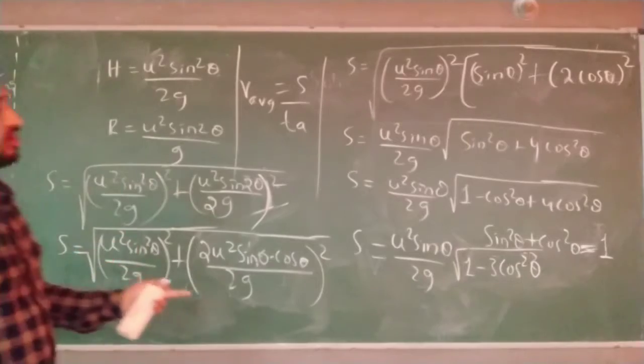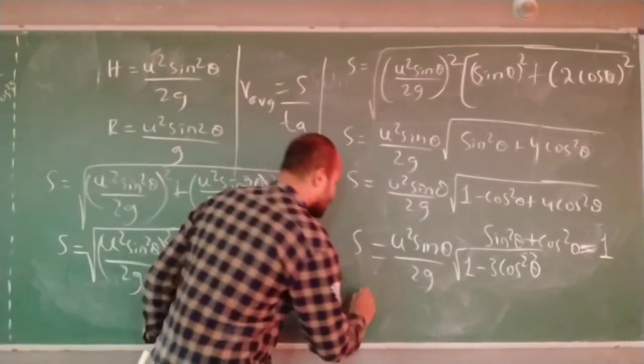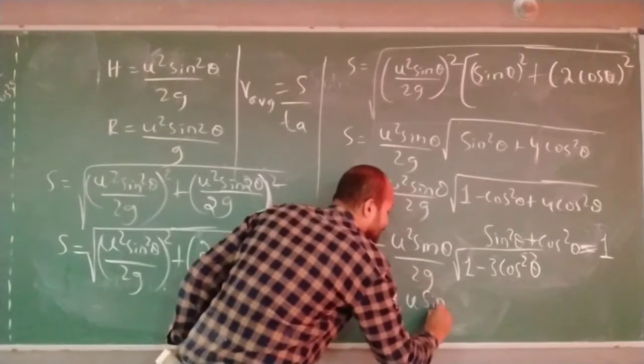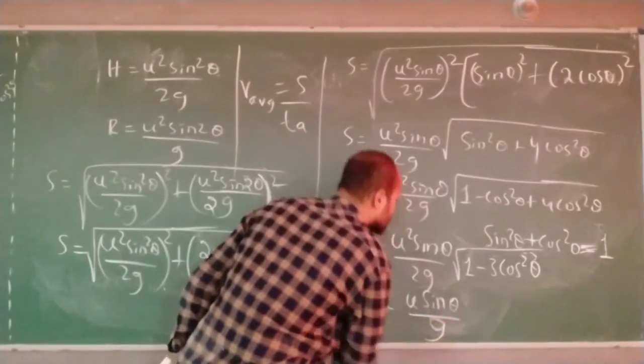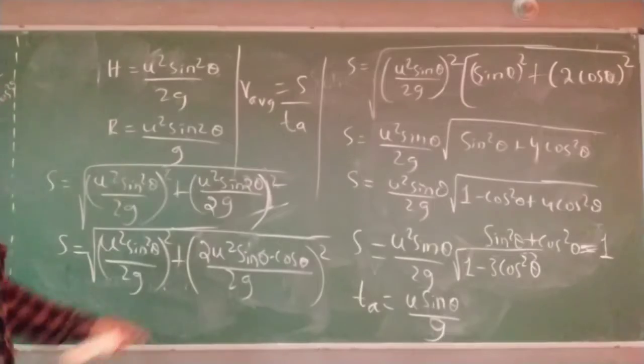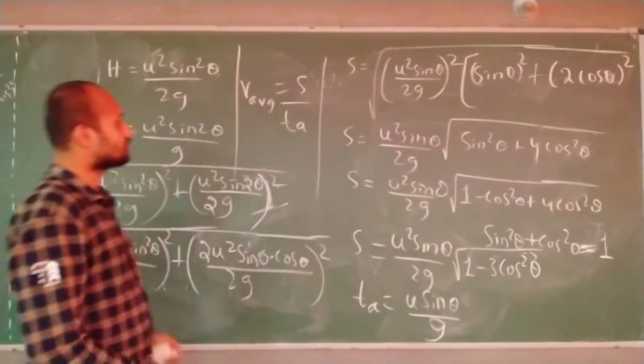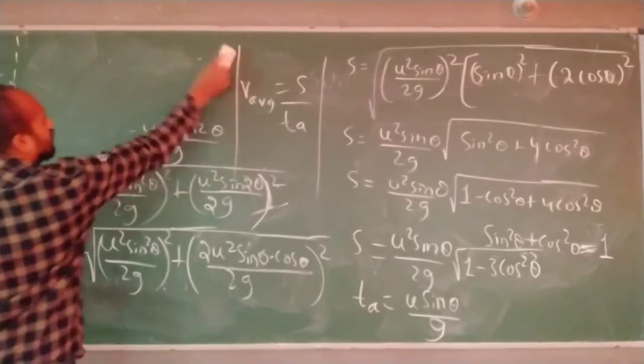Once I know the value of S, time of ascent is u sin theta by g. This equation divided by this equation, what will it give?